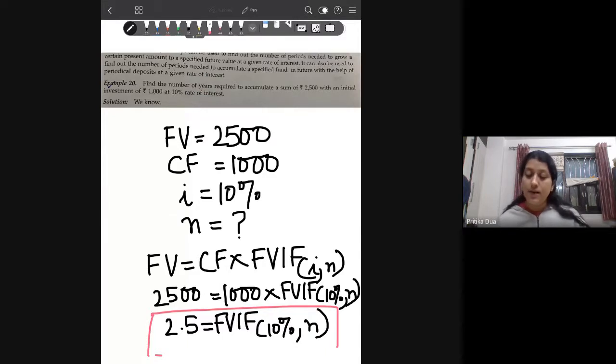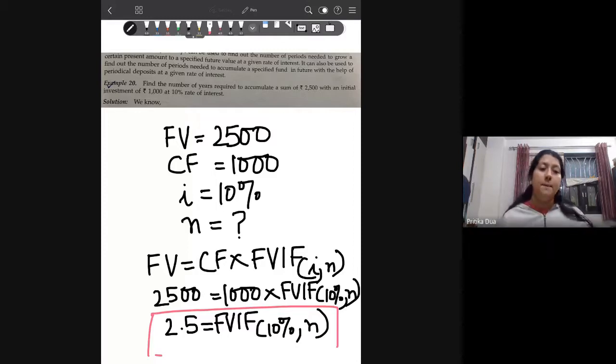So in the FVIF table, from 10% you will move vertically, and when you move vertically, this is a single cash flow. So you need to find out the value that is closest to 2.5 and it is coming somewhere here next to 10 years.